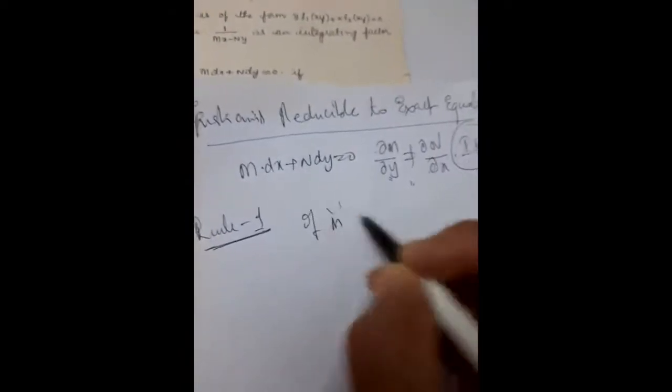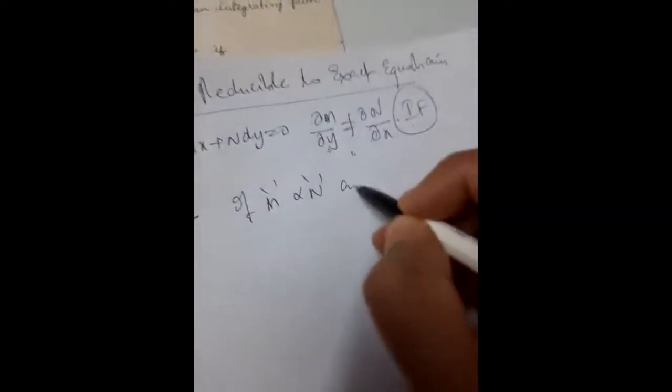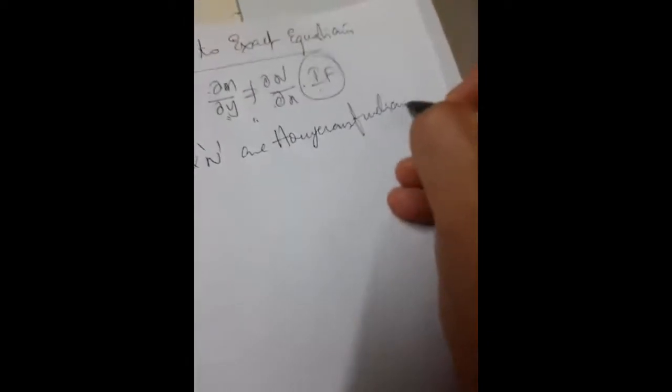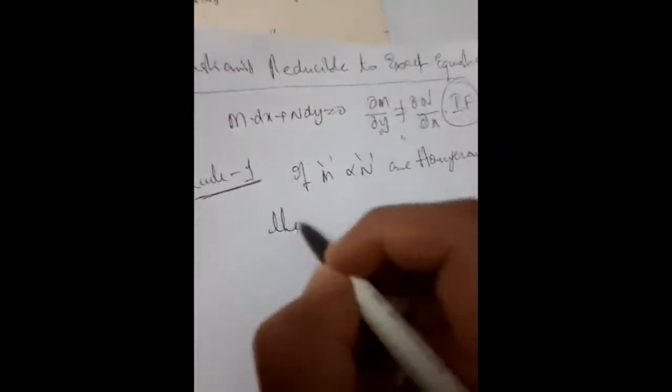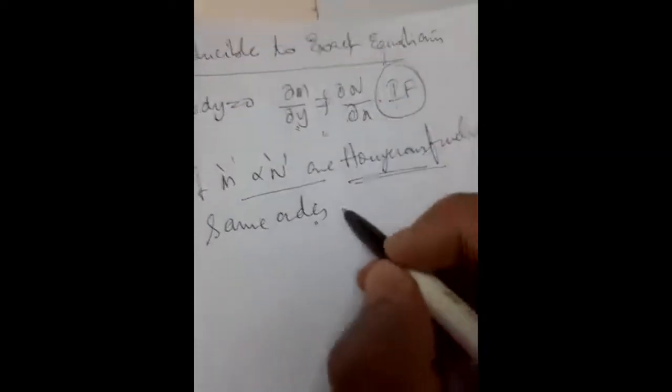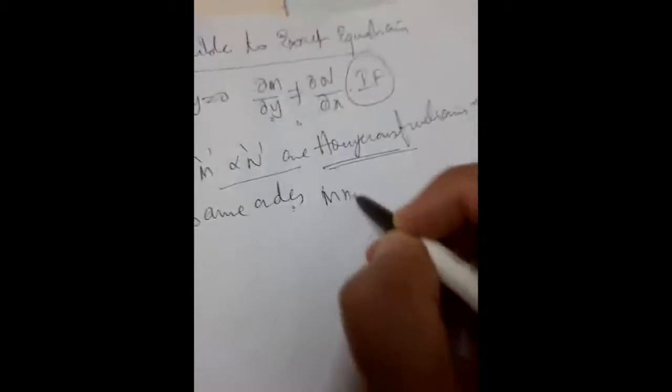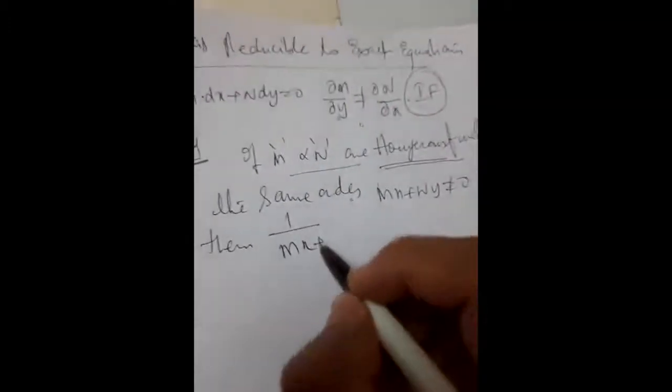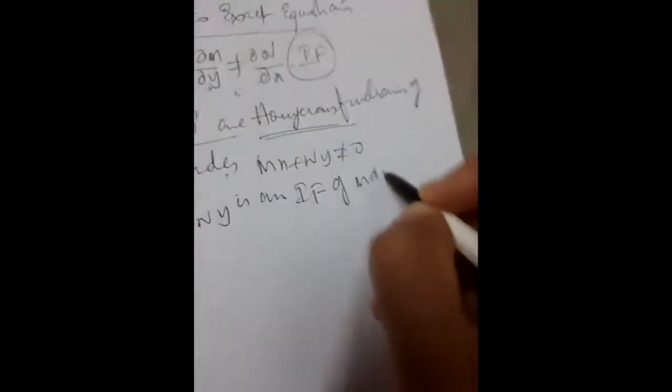Suppose capital M and capital N are homogeneous functions of the same order, and then Mx plus Ny is not equal to 0. Then 1 by Mx plus Ny is an integrating factor of M dx plus N dy equal to 0.